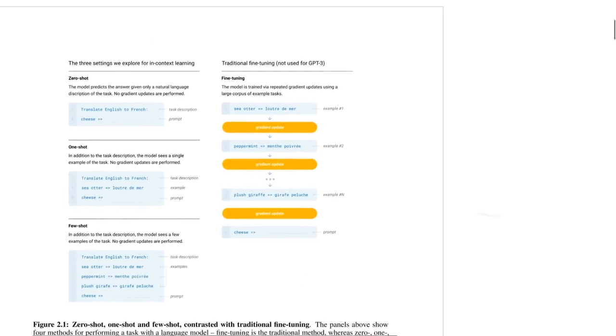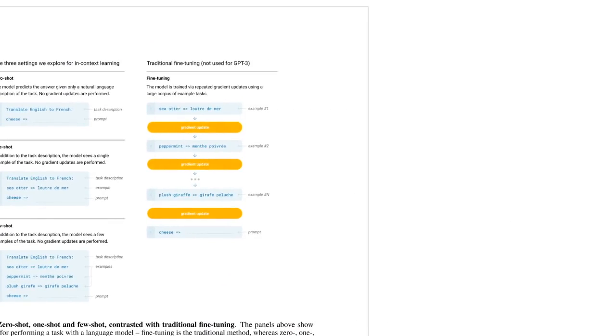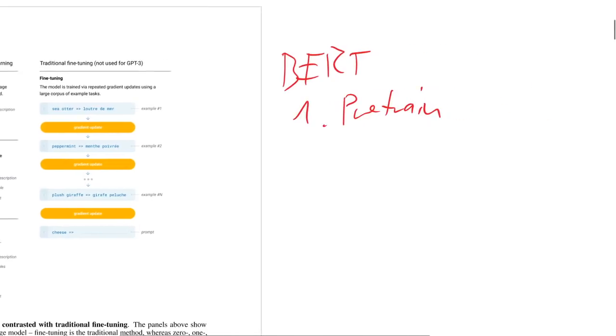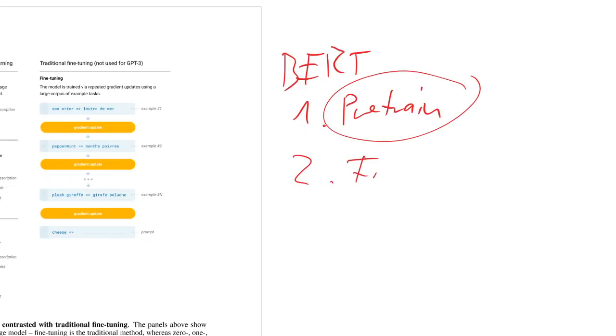So what you usually did with something like BERT, you would first pre-train. So this is the language modeling right here, this pre-training phase, where you teach BERT about the English language by just feeding it a lot of data. And then second, you had a step called fine-tuning.